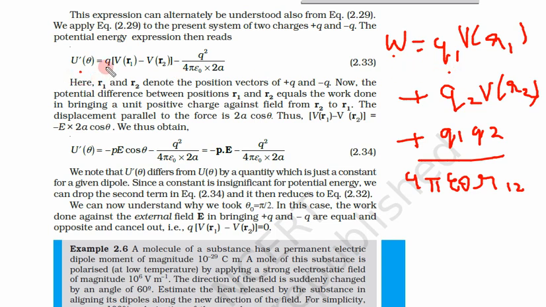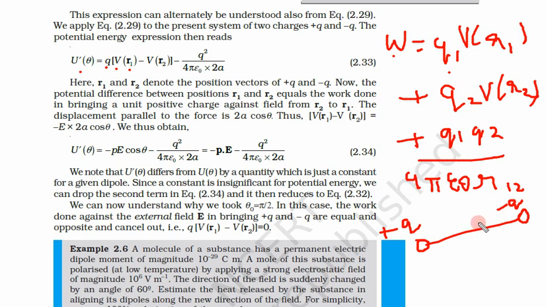q1 is plus q, V(r1) is V(r1). Now the distance, if this is the dipole, this is the first charge, this is the second, and r1 is for positive q and r2 is for negative q. So let us take this as positive q, this as negative q.